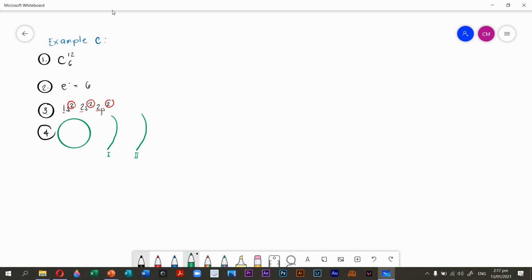Now we are going to identify the number of protons found. So for the number of protons, it's the same as the number of electrons, 6. And then for the number of neutrons, we subtract the number of protons from the atomic mass, which is 12. So 12 minus 6 is equal to 6. Very good. For the first energy level, we are going to find how many electrons?